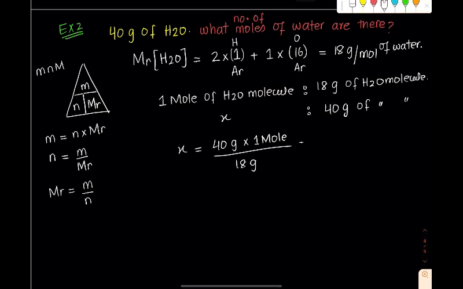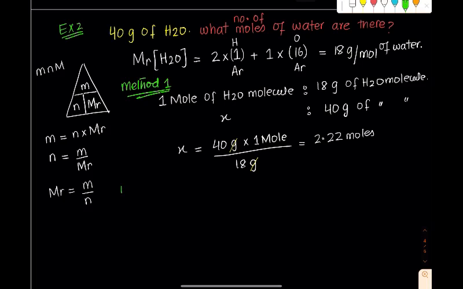So we get 2.22 moles, because this and this will be cancelled out. We are just left with moles as a unit. So X is 2.22 moles, which is the number of moles of water present in 40 grams of water. Now that is your method number 1, which is the ratio method.